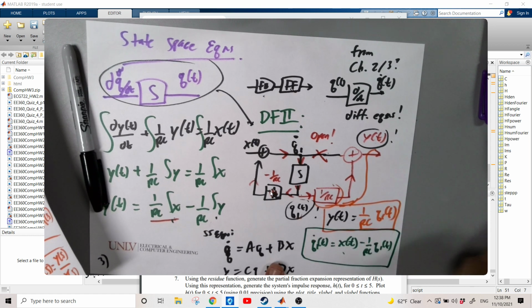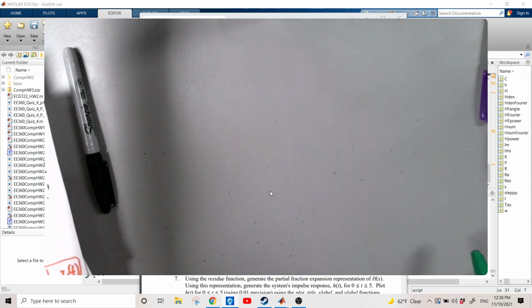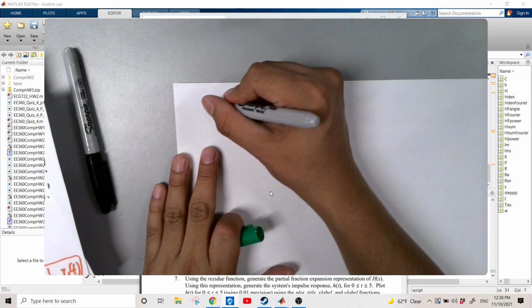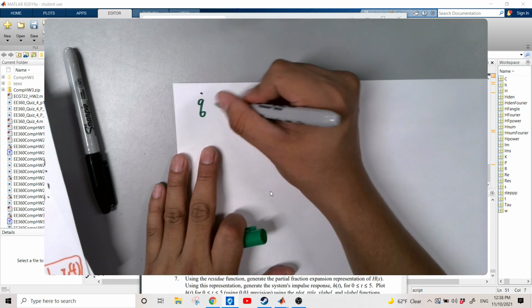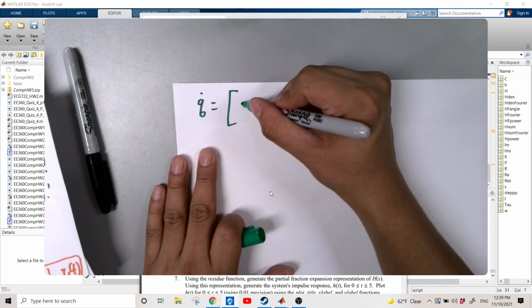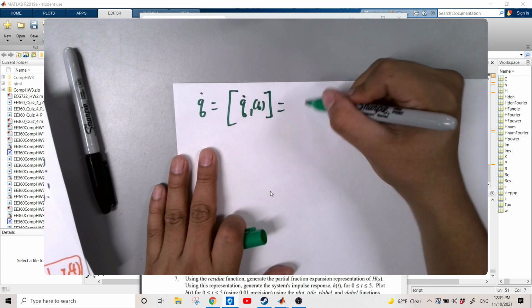You're done. That's it. So if I were to write it in a general format, the way you're used to seeing it, where the matrix Q is equal to, well, since this is just a first order equation, you're just going to get Q1 of t is equal to, what's A?